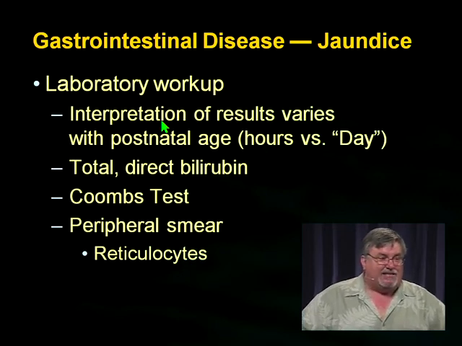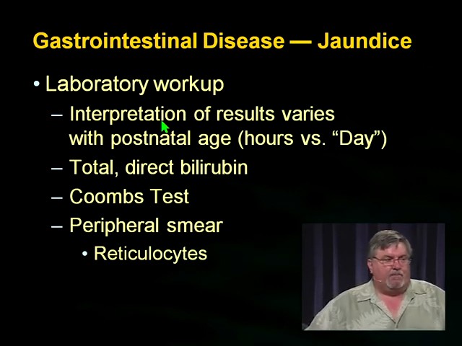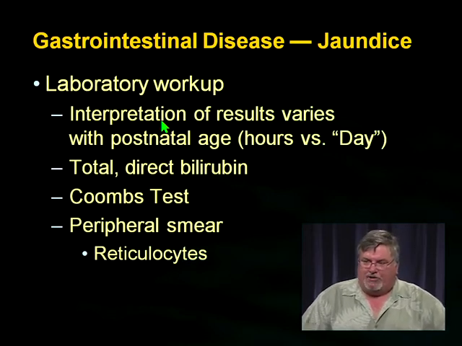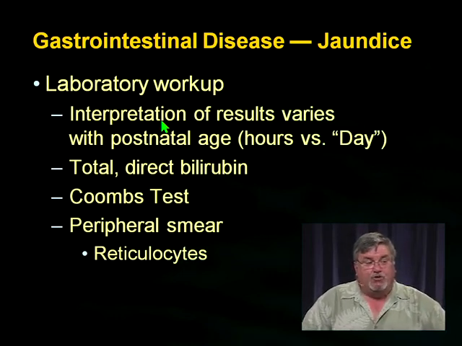And this carries on for the next couple of days. So interpreting bilirubin values is important, and you need to consider how old the child is. And those nomograms that you see, the Bhutani nomograms, on the horizontal axis is not days of life like it used to be.